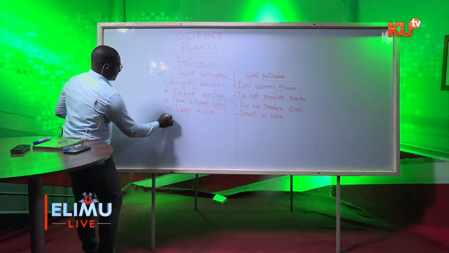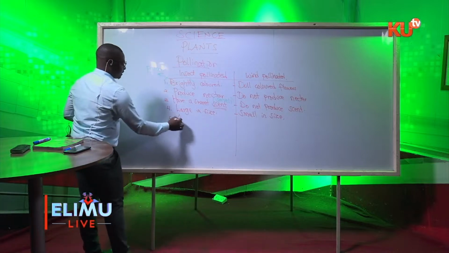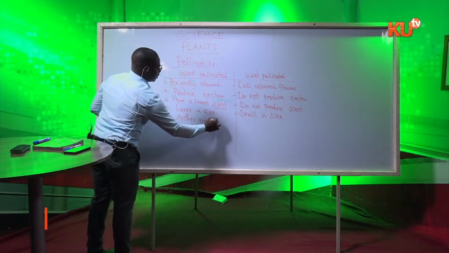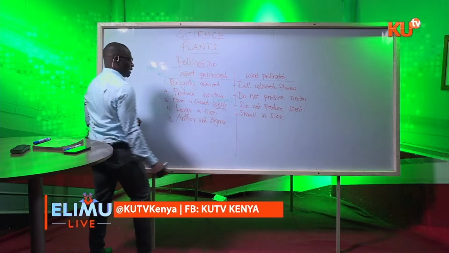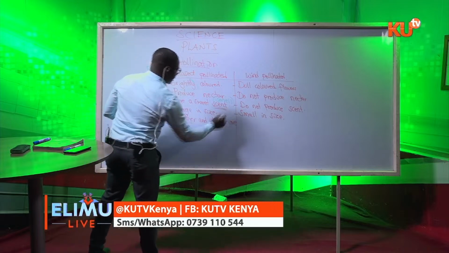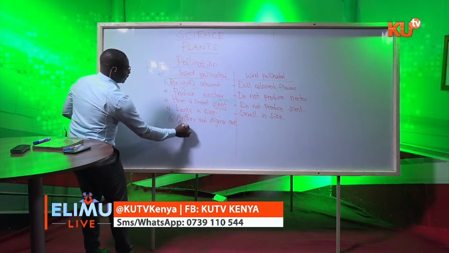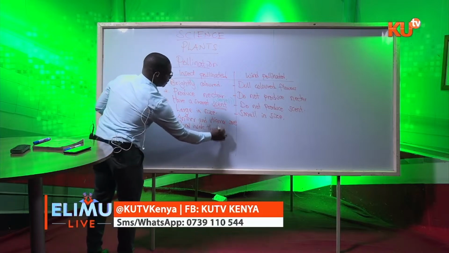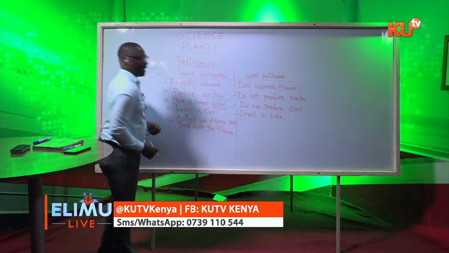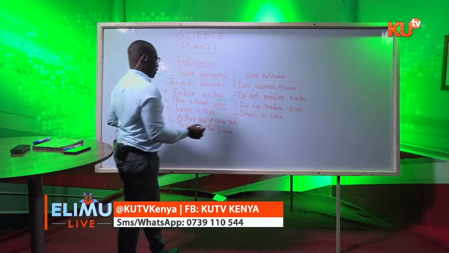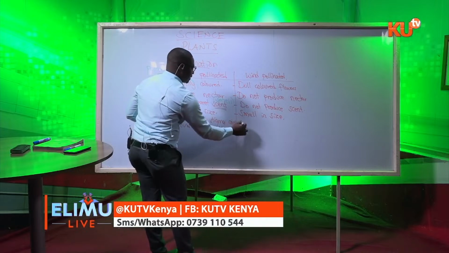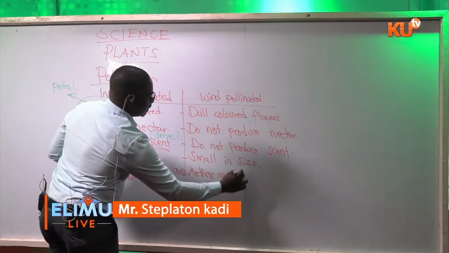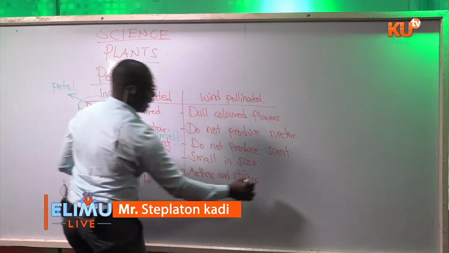Number 5, the anthers and stigma. In insect pollinated flowers, the anthers and stigma are found inside the flower. In wind-pollinated flowers, the anthers and stigma hang outside.